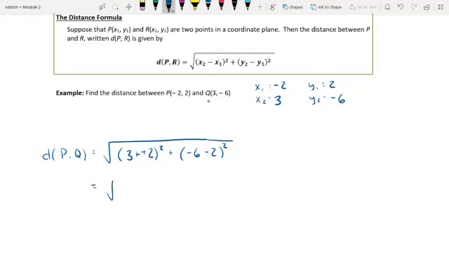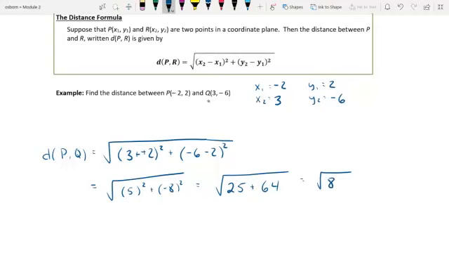That gives me the square root of 5 squared plus -6 minus 2, which gives me -8 squared. Now 5 squared is 25, and -8 squared is 64. So I'm left with the square root of 25 plus 64, which is the square root of 89.